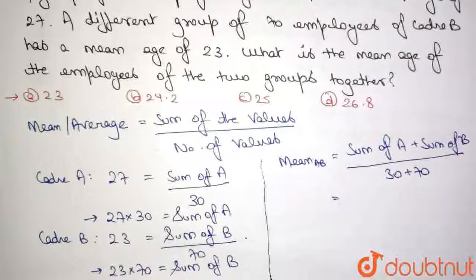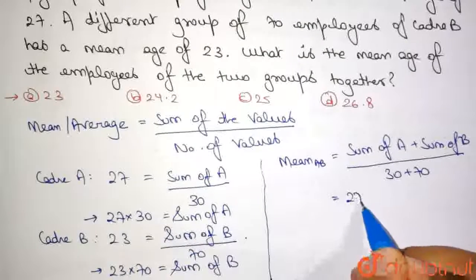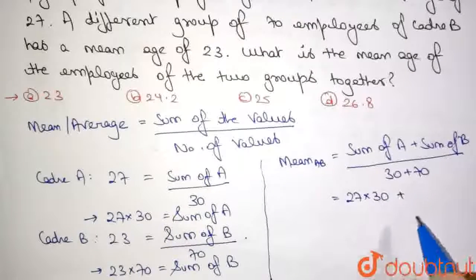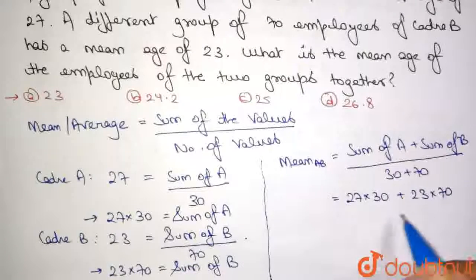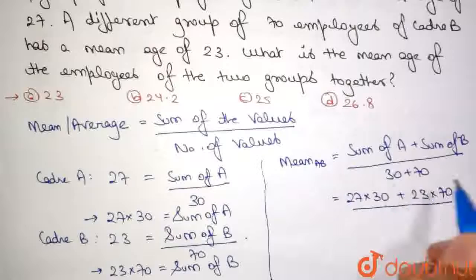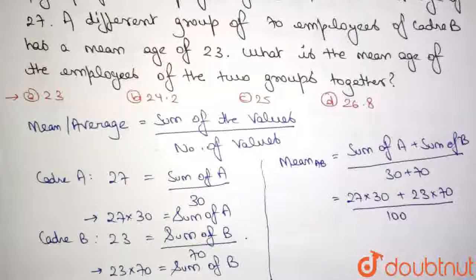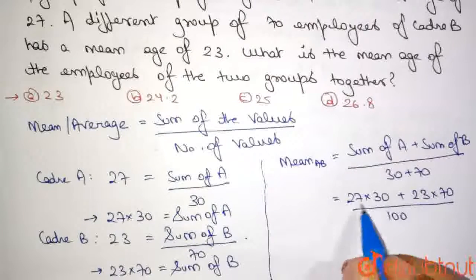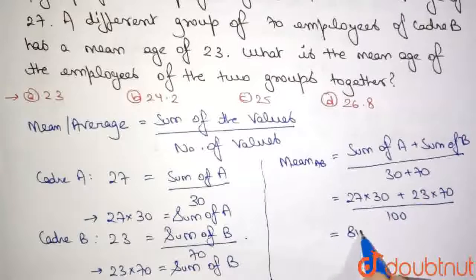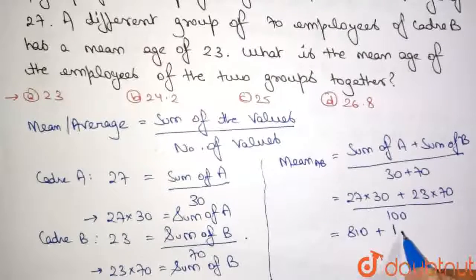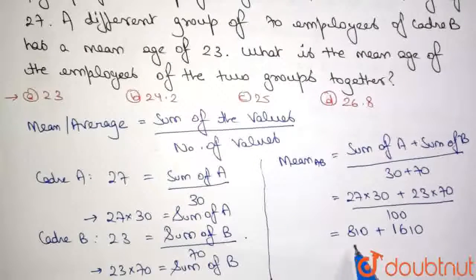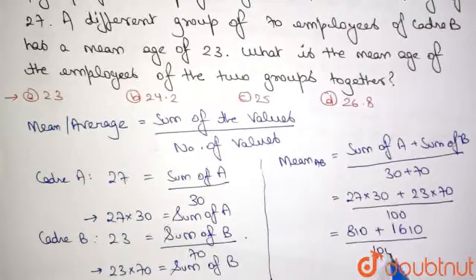Now if I put all the values that I have obtained so far, I have sum of A as 27 into 30 plus sum of B as 23 into 70, divided by 30 plus 70, which is 100, right? So 27 into 30 is equal to 810, plus 23 into 70 is equal to 1610, and this is divided by 100.